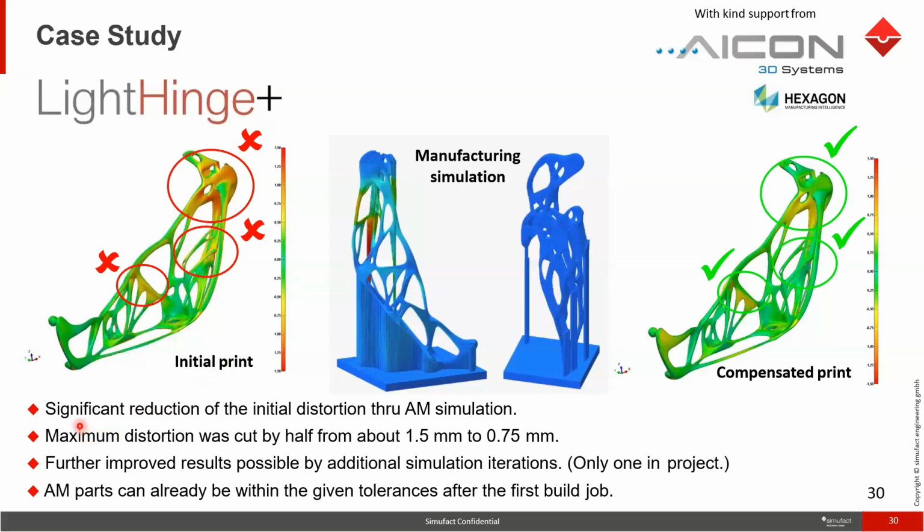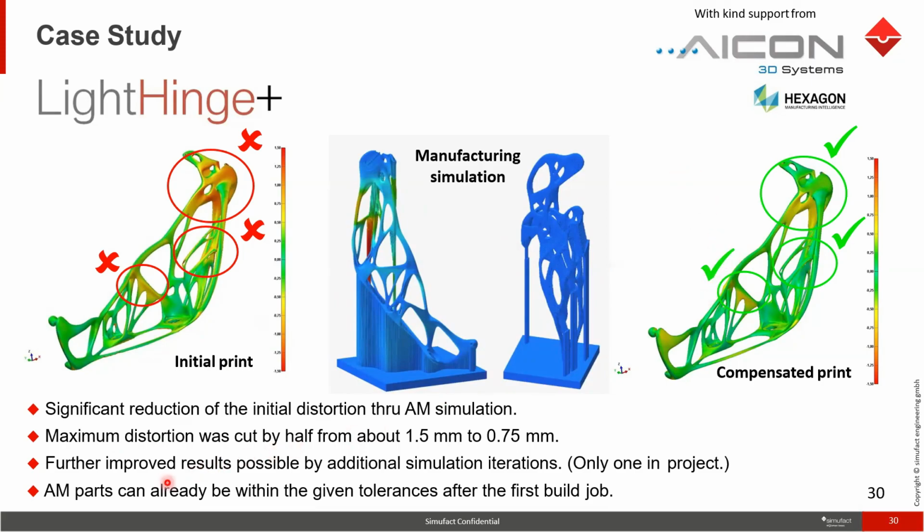There can be a significant reduction of the initial distortion through AM simulation. What we can do is manufacture this part, do some distortion compensation studies, and try to reduce the distortions as far as possible, so that you get a compensated geometry which is ready to print and ready to manufacture.